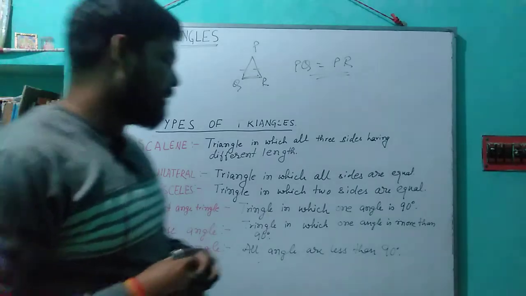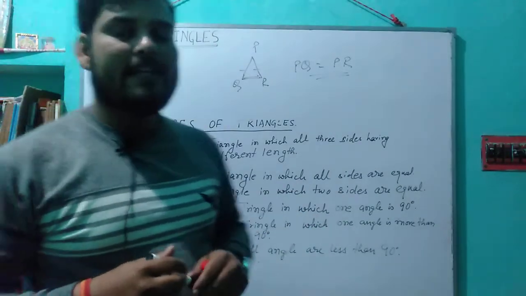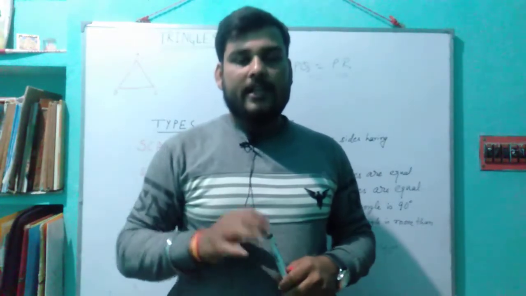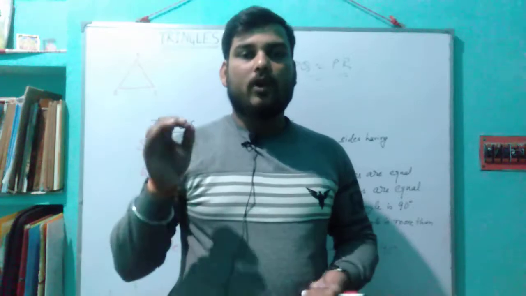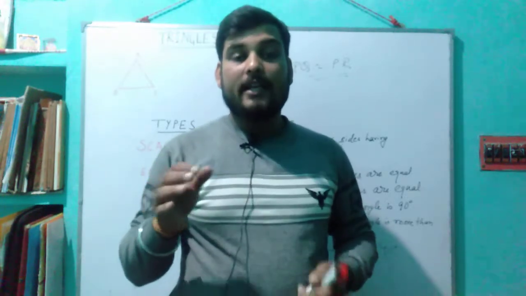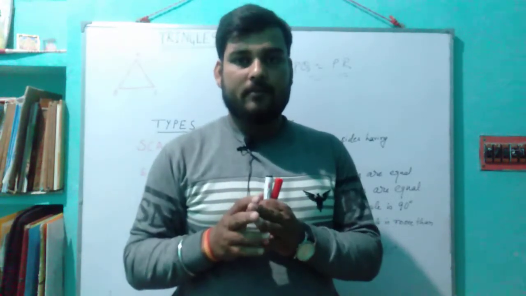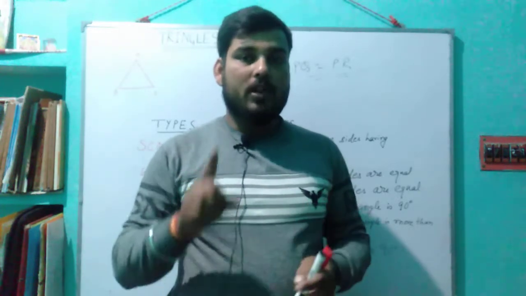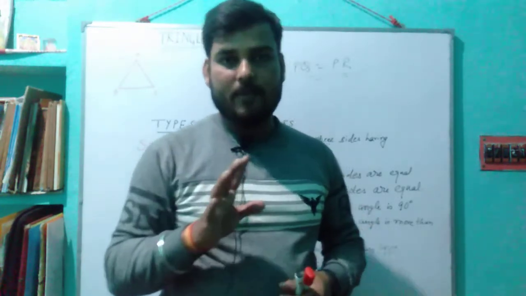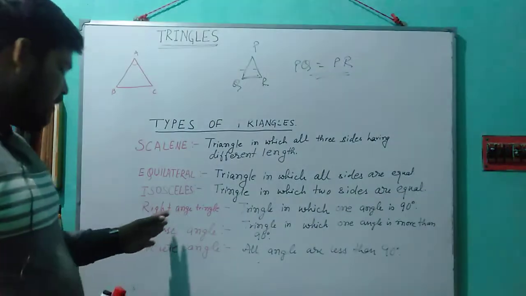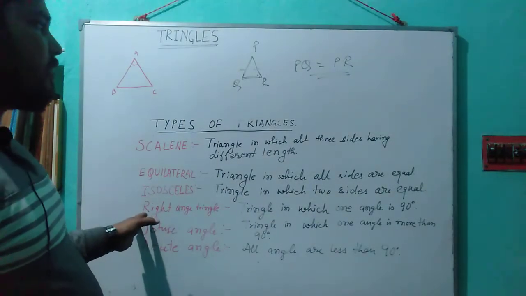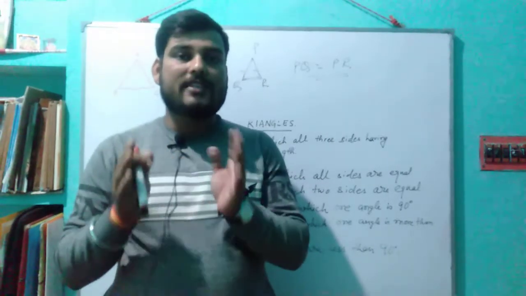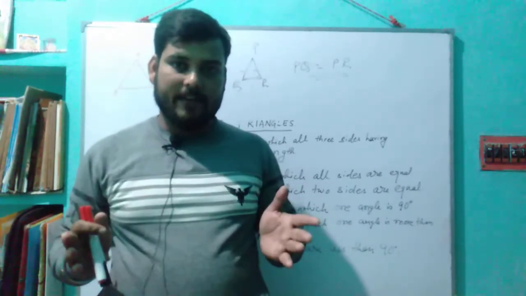Okay, right angle triangle, a triangle in which one angle is equal to 90 degrees. Here one point to be noted: in a triangle more than one angle cannot be 90 degrees. I mean to say that two angles cannot be of 90 degrees. Only one angle can be of 90 degrees in a triangle, right? So a triangle which has any one angle of 90 degrees, we can say that the triangle is a right angle triangle.